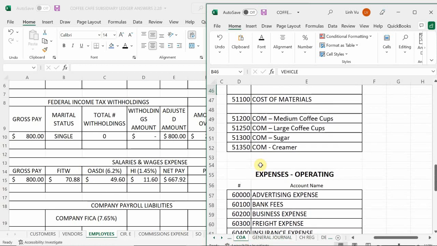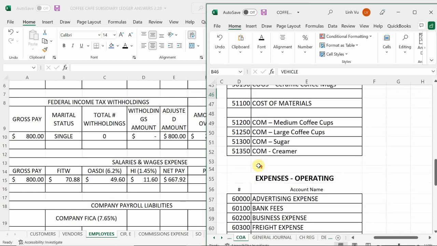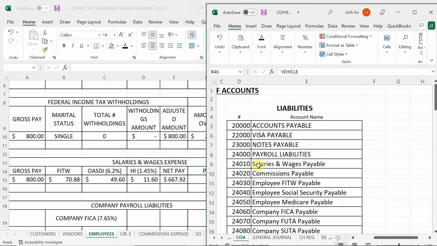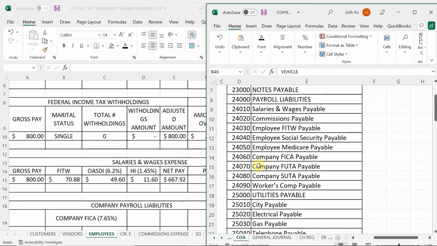These are payments that we have to make for the government. We're collecting it from our employee to pay the government. Now, are we making a payment to the government now? No. We're going to collect it as a liability.